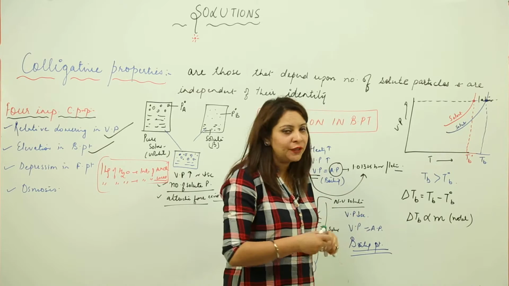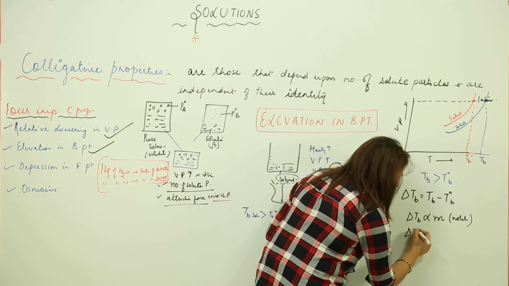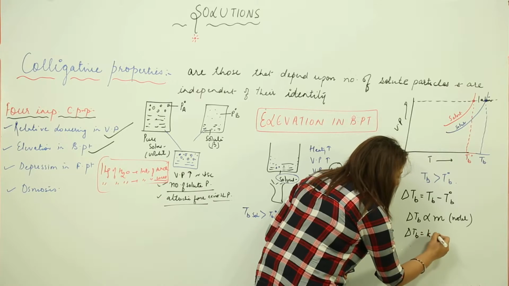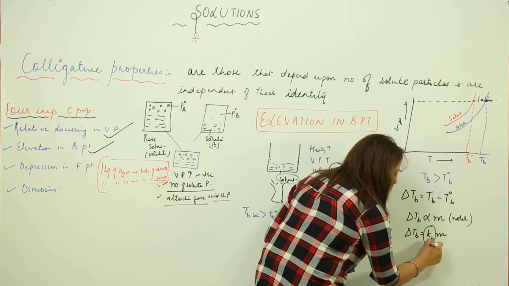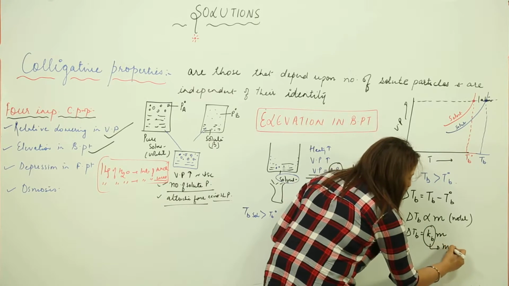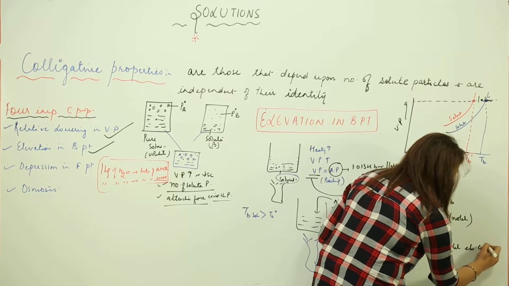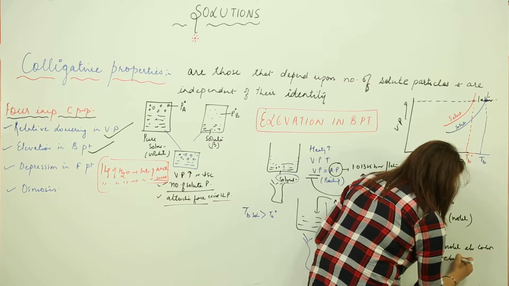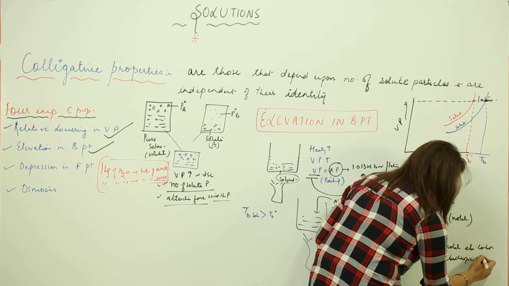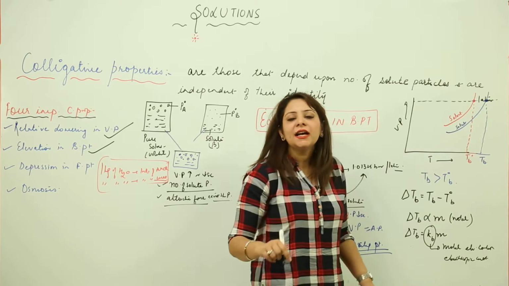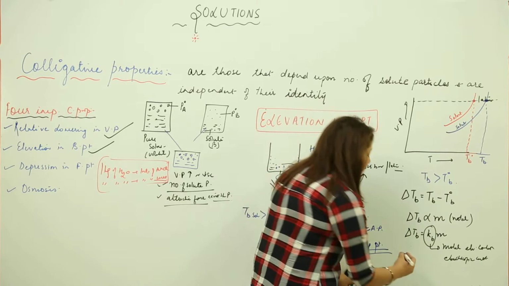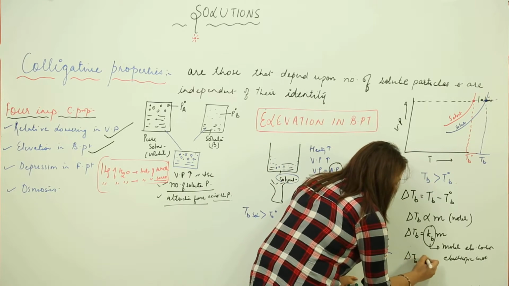And we need an expression also, so I will remove this proportionality sign. After removing it, I get the constant Kb. Kb is the molal elevation constant, or ebullioscopic constant. If we take the concentration of the solution as 1 molar, then delta Tb is equal to Kb.